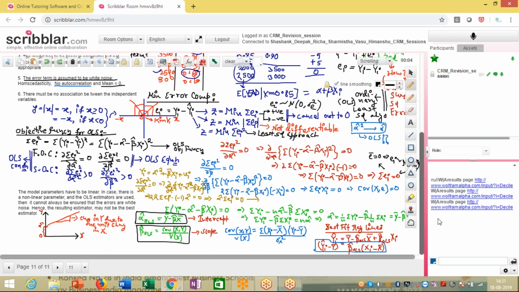Okay, fine. So we'll start off our discussions with the properties of the best fit regression line today.